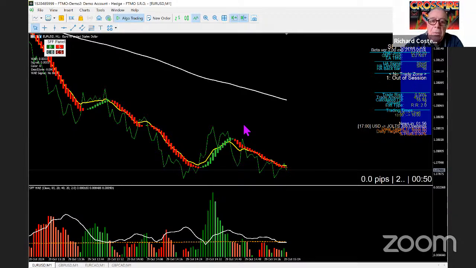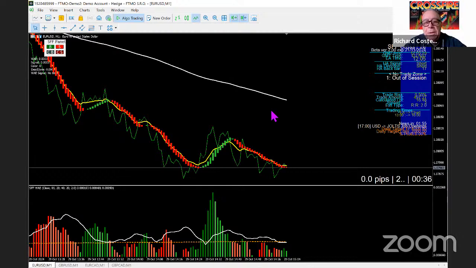So we've now got this nailed down, really. We had a few issues last week where we weren't getting accurate trend lines, and that was throwing out some of the trades. We're now working with accurate trend lines.